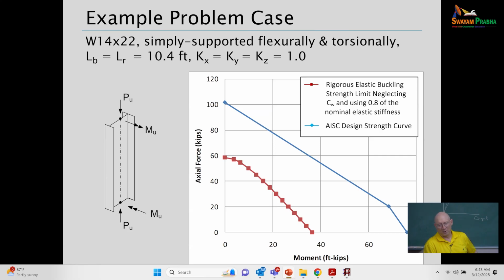The blue curve is basically what the AISC specification would say; that's our strength envelope.